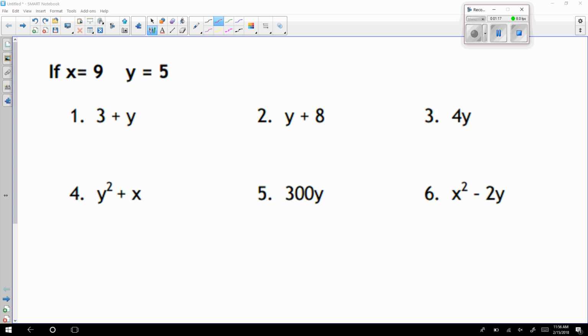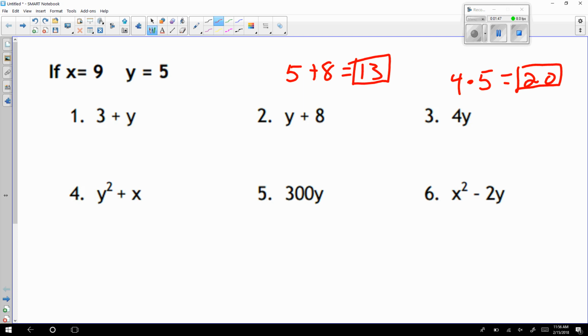Okay, so working to number 2, once we substitute our 5 in, we will get 5 plus 8 equals 13. On number 3, again, we said that that was going to be multiplication. So it is 4 times 5, 20.